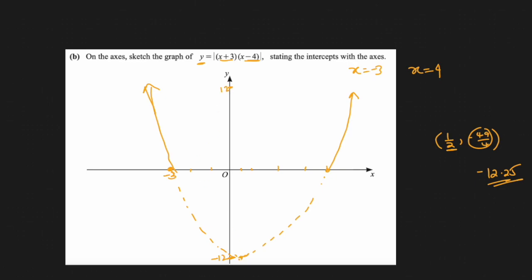So this point will be reflected somewhere here. And our new graph for the absolute function will be this strange looking shape. This dotted one was just for help, I can erase it. That's the graph of the absolute function.